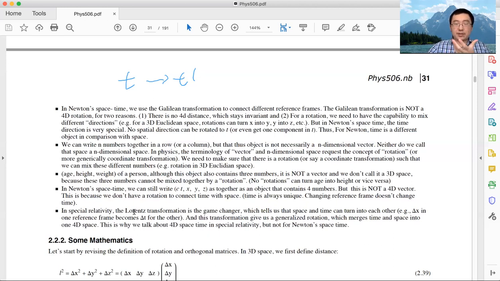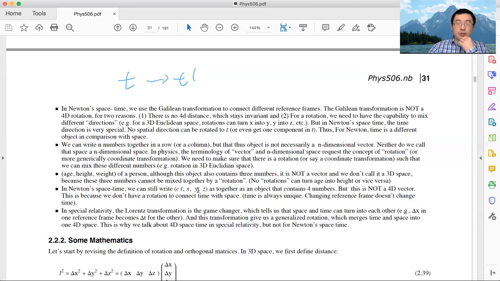This story is actually very similar to the one we mentioned earlier. Earlier, we said that the age, height, and weight of a person are three numbers, but we will not call it a vector. The reason we don't call it a vector is because we cannot define a rotation to rotate these three quantities.